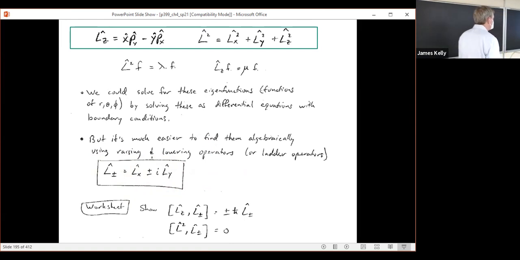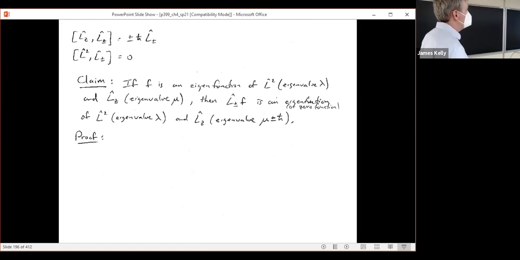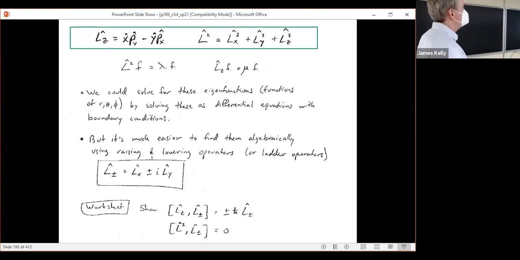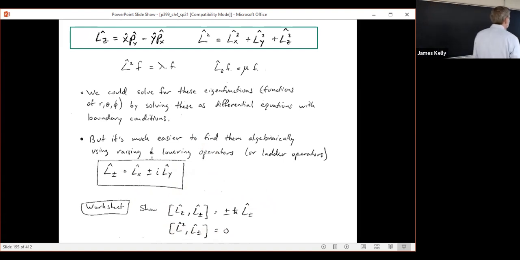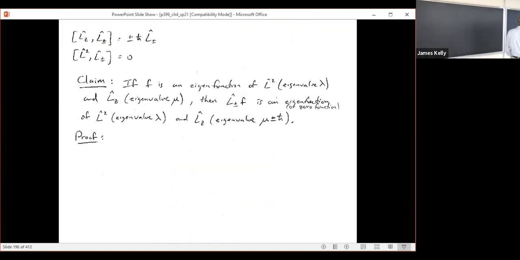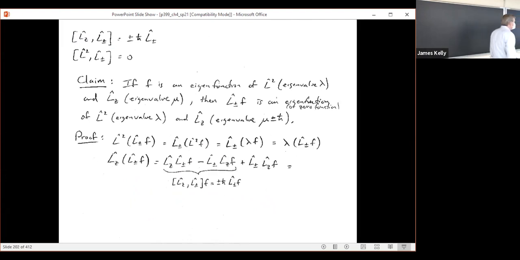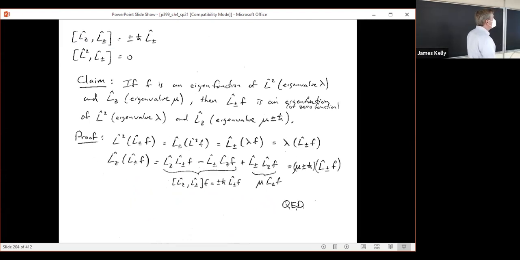So they're two separate operators. Why we would define them that way is not clear at this point. But along the way to showing why they're useful, we proved these two commutation relations in the context of a worksheet that we haven't finished yet, but we did that part of the worksheet. And then we went through this proof just briefly at the end of class, showing the following result.